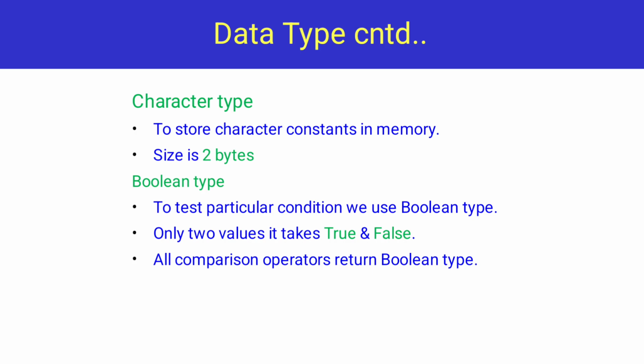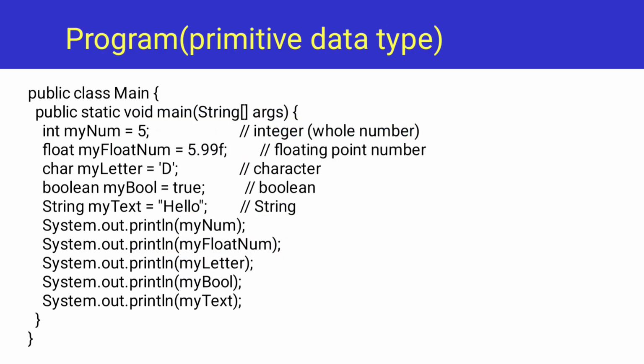Now moving towards an example. This program shows all the primitive data types. Here we make a class named Main. Now here is the public static void main, the main method. Now we start. First we define the data types. Here int my num equals 5. This is an integer, meaning a whole number. The next one is float, my float num.